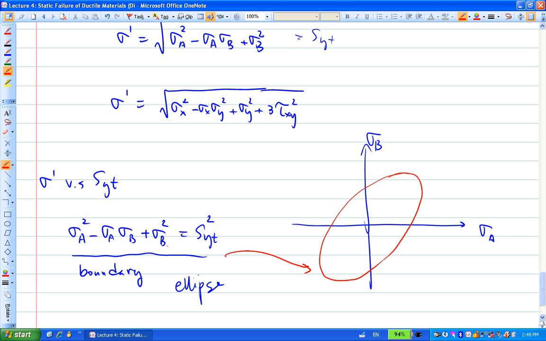There are a couple of important things here. This point is SYT, and that point there is negative SYT. And it's symmetric. If you draw a line here, it's symmetric, and this line here is sigma A over sigma B.